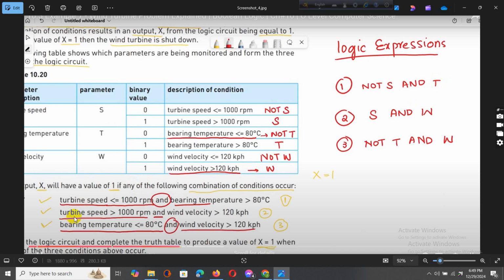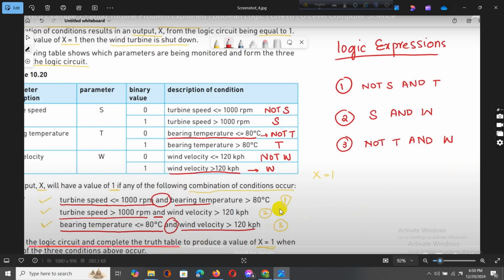The second condition is turbine speed is greater than 1000, so you can write it as S. And wind velocity is greater than 120, so you can write it as W. And the third condition is bearing temperature is less than or equal to 80 degrees, so its input represents 0 and you can write it as not T. And for AND, you can write it with the AND operator.